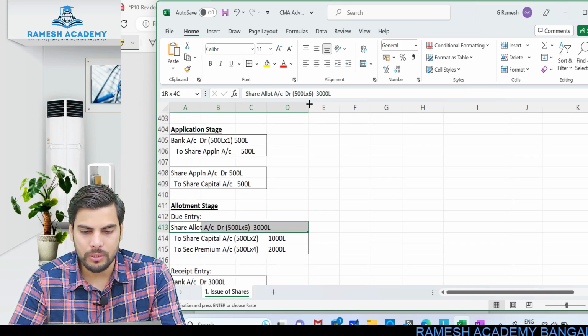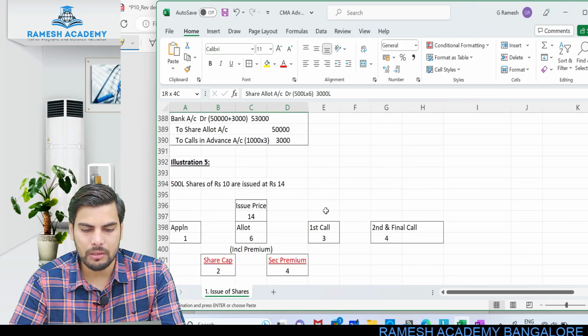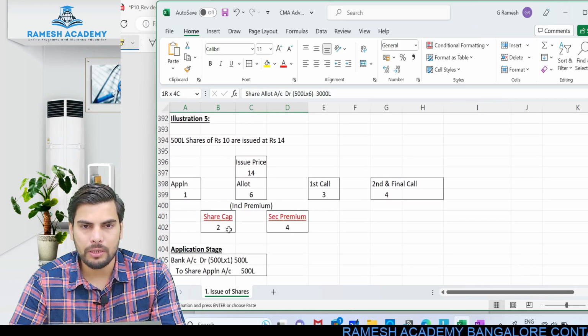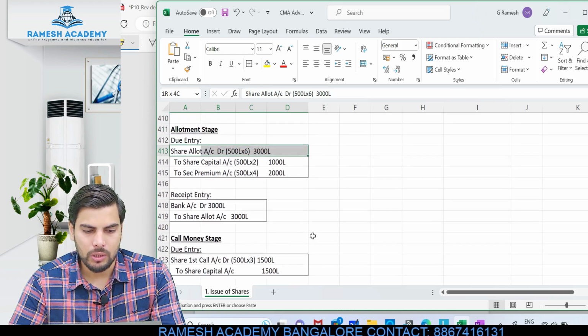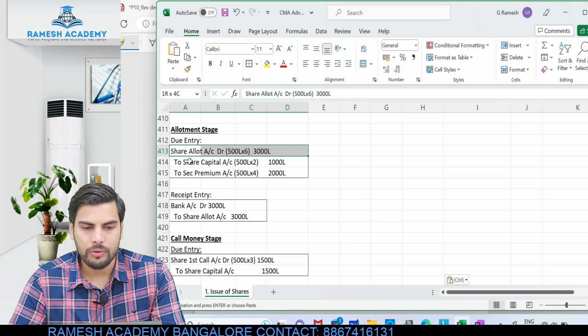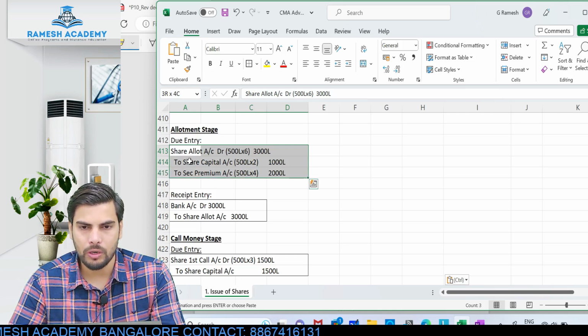Out of this 6 rupees, how much pertains to share capital? Share capital will always represent the nominal value or face value. So out of the 6 rupees, 2 rupees will be transferred to share capital and remaining 4 rupees will be transferred to securities premium. Therefore the due entry would be like this: share allotment account debit 3000 lakh to share capital 1000 lakh, to securities premium 2000 lakh.